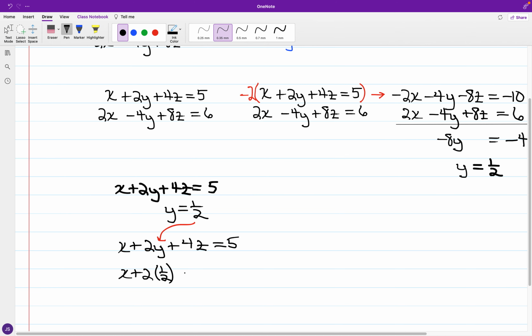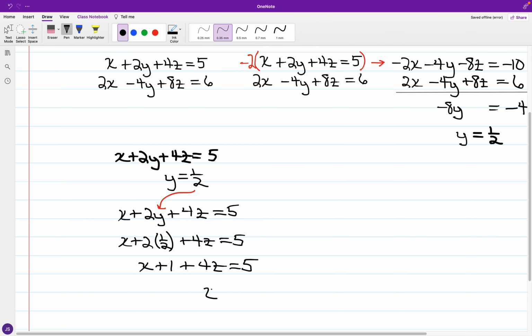So x plus 2 times 1/2 plus 4z is equal to 5, and 2 times 1/2 is 1, plus 4z is equal to 5.